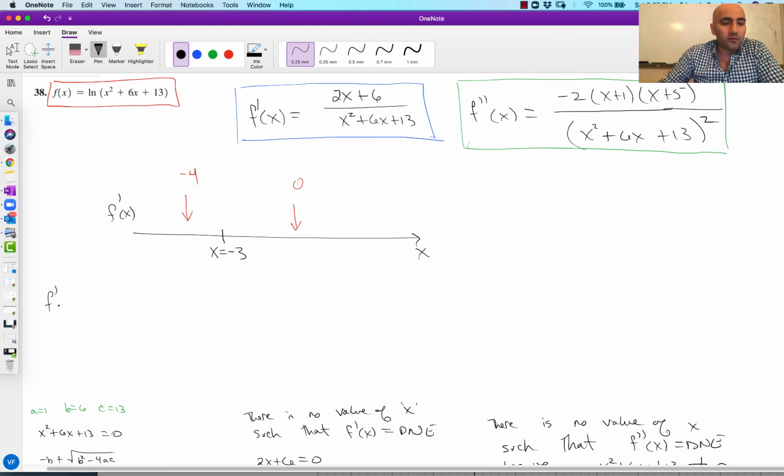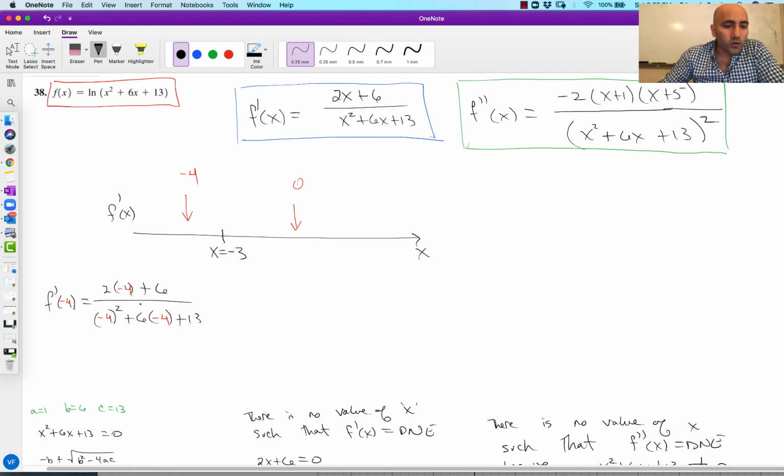So the first derivative is 2 times something plus 6, divided by something squared plus 6 times something plus 13. So this will be -4, this will be -4, this will be -4, and this will be -4.